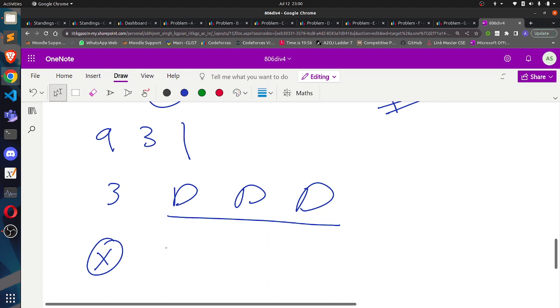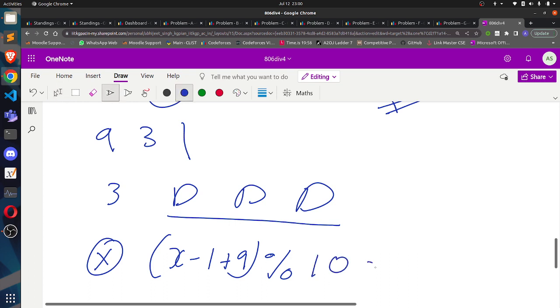It becomes x minus 1 plus 10 modulo 10, and then similarly for the next D it becomes x minus 2 plus 10 modulo 10. So this is the change that is taking place.